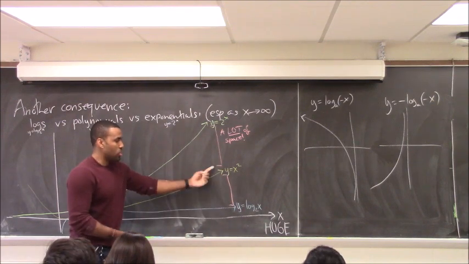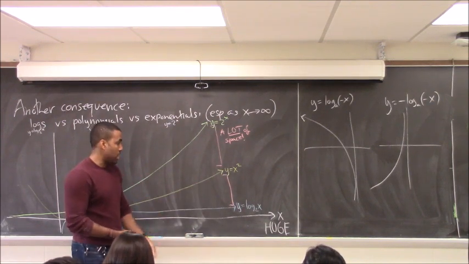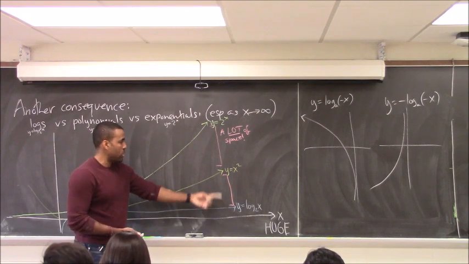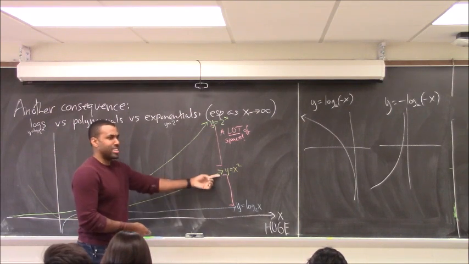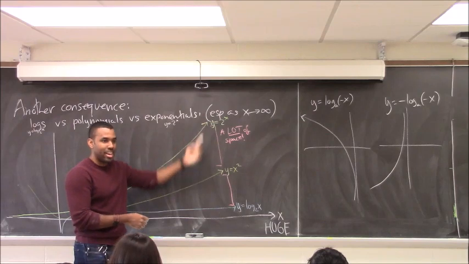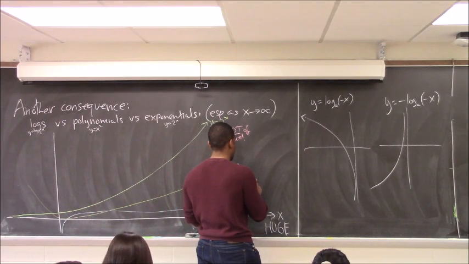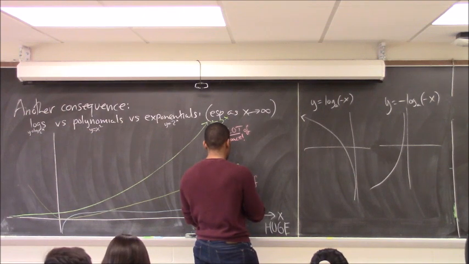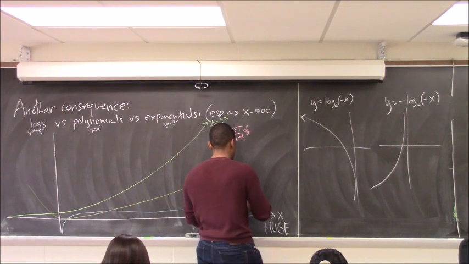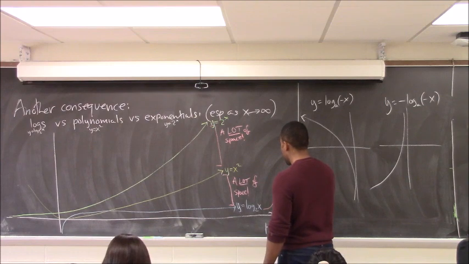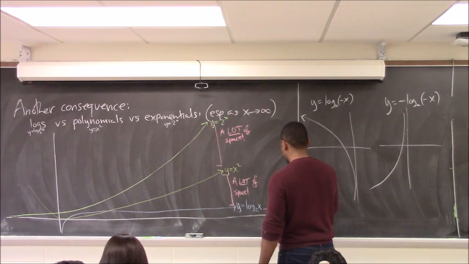Compared to the polynomial, the log might as well not even try. He's going to be like 0 when you're relating to this guy. And then this guy's nothing compared to that guy. So you have orders of magnitude of how much these functions outgrow each other. So this guy might as well be 0.